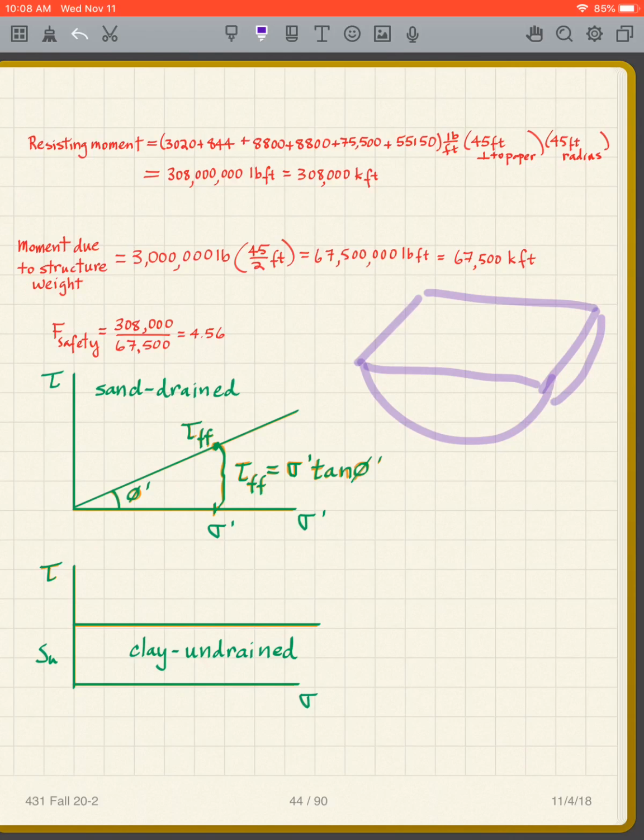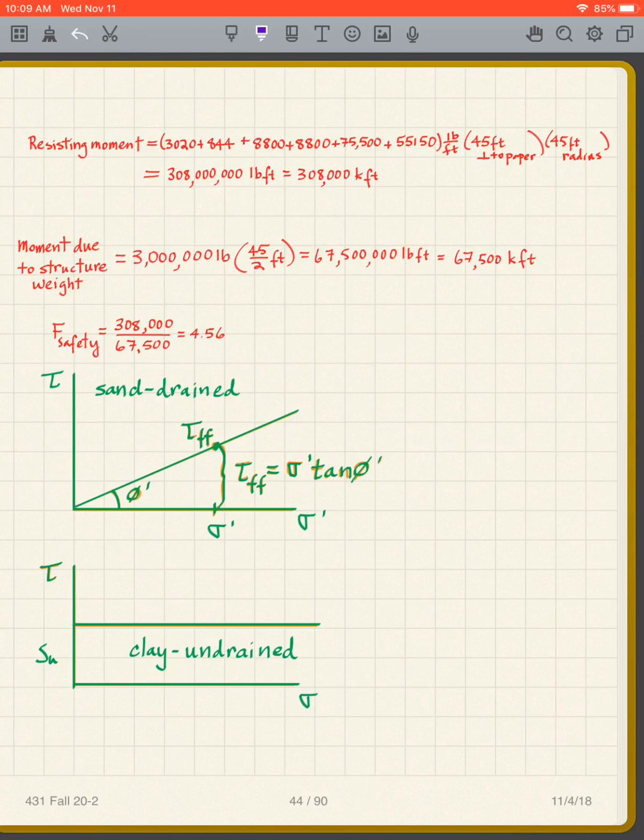It's hard for me to draw underneath it, but this is the weight of my building here, and my resistance is all along here. And this distance here is 45 feet perpendicular to the paper. So I want to include that because I'm assuming this, not exactly realistic, but somewhat, is that my failure surface in 3D looks like that.